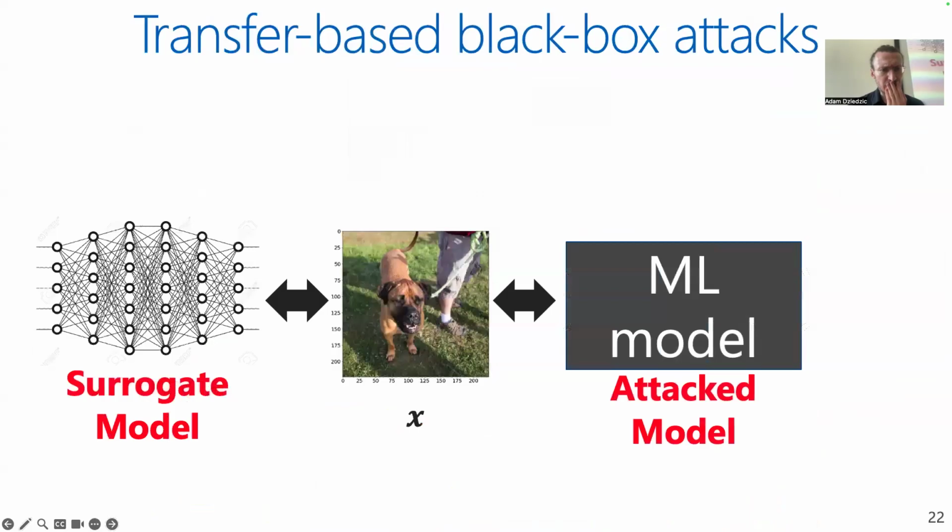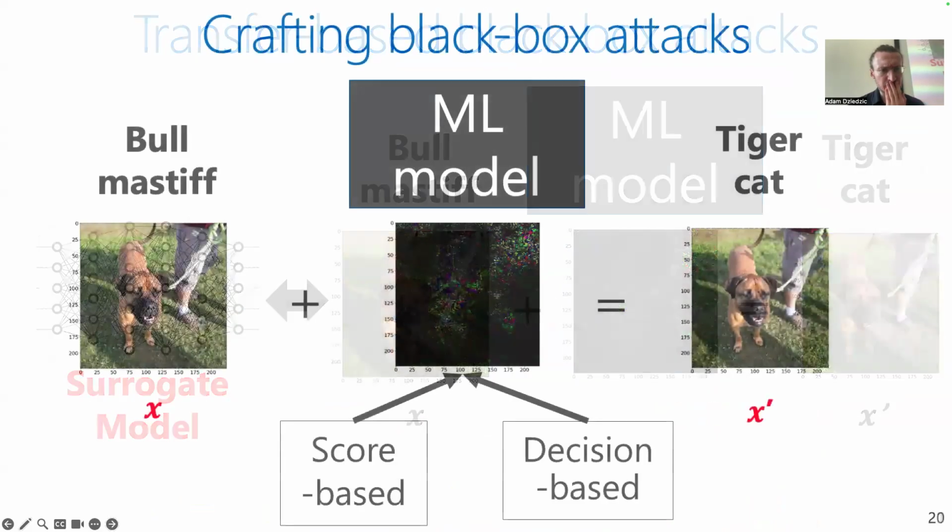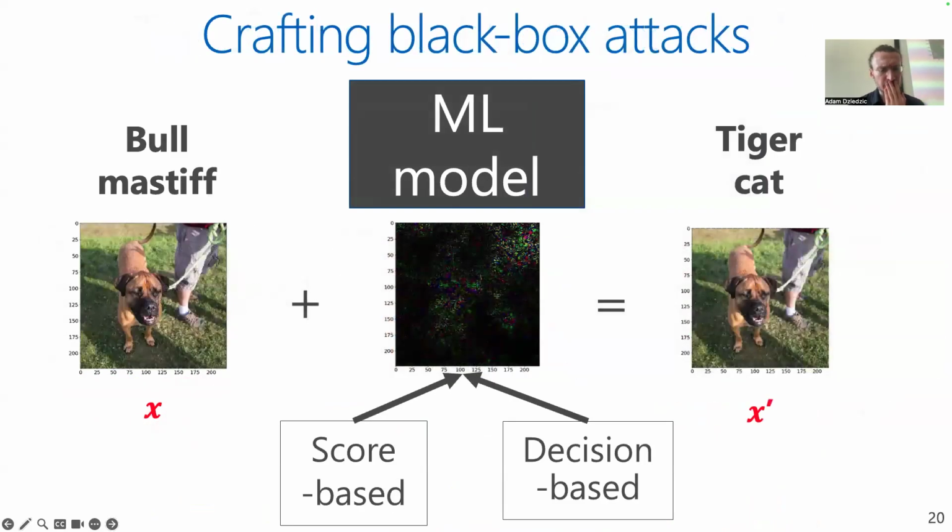So I talk about this black box versus white box. Basically, if you have white box access to the target model, you don't need any transfer. Black box was just white box, but first we steal the model somehow, and then we do the same thing.